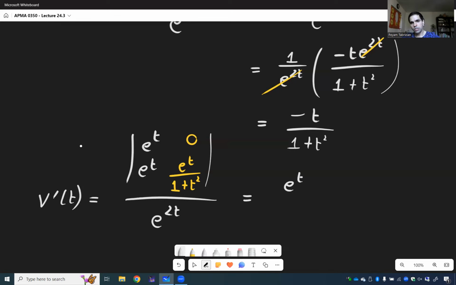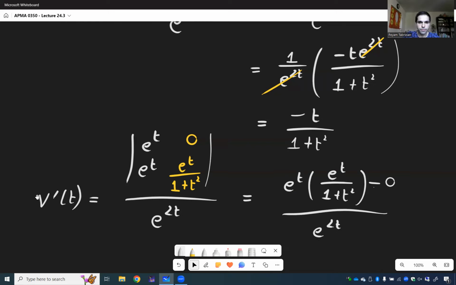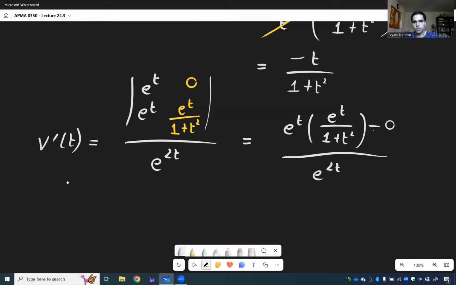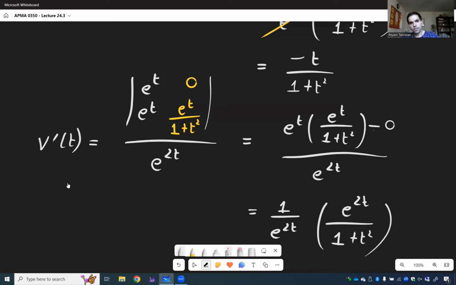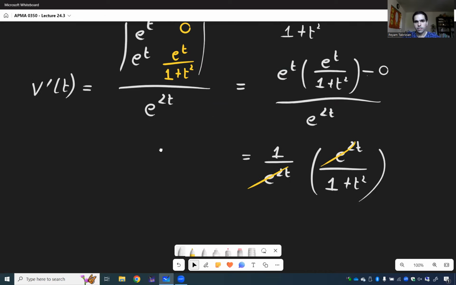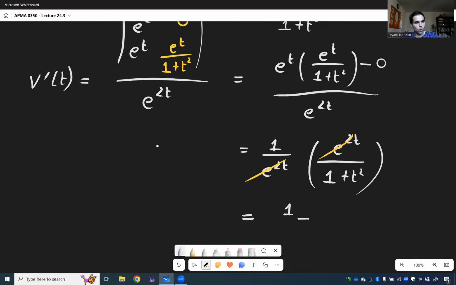So this becomes e to the t times e to the t over 1 plus t squared, minus 0, over e to the 2t. And this becomes 1 over e to the 2t times e to the 2t over 1 plus t squared. Once again, the exponential terms cancel out, and this becomes 1 over 1 plus t squared.